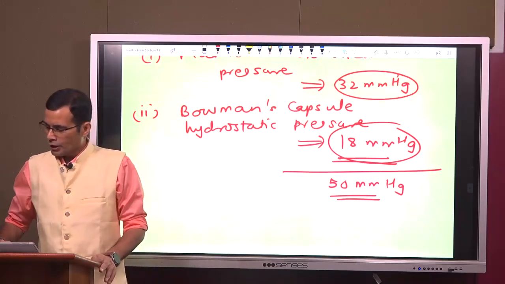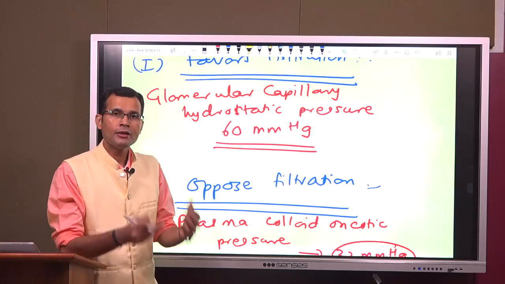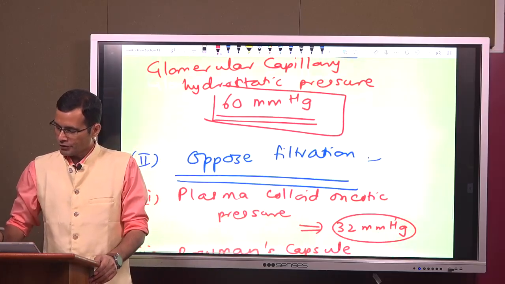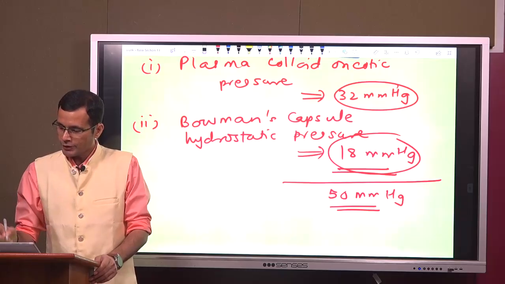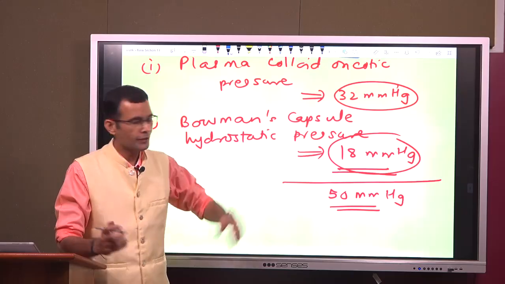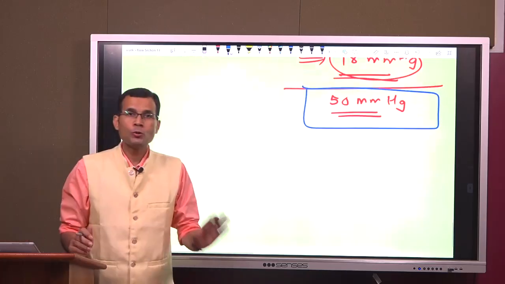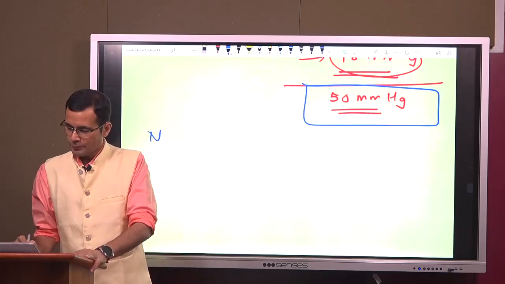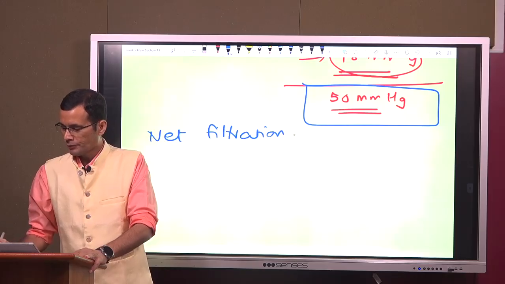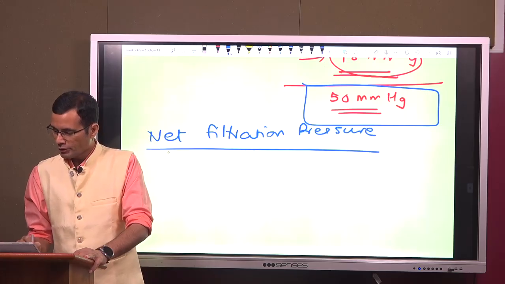Now coming to this, there is one factor that favors the filtration, and that is 60 mm of Hg, and there are 2 factors put together which oppose the filtration. Put together, it's 50 mm of Hg. So there is something called net filtration pressure, also called effective filtration pressure.